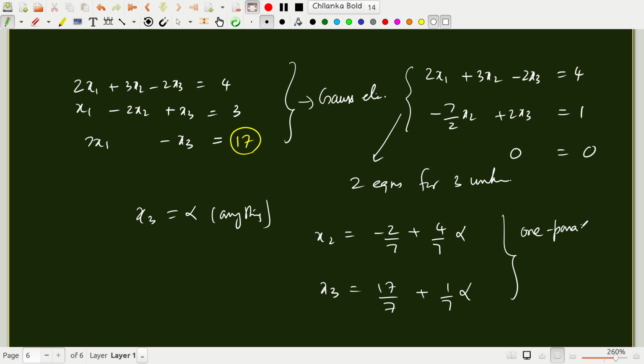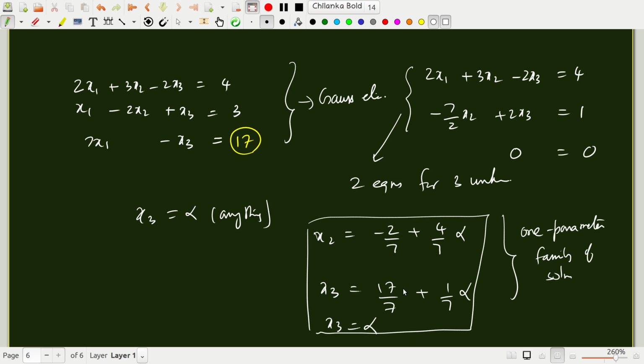There are infinitely many solutions, that parameter being alpha. Alpha can be 0, 1, anything. Everything will be a solution for this system of equations, and x3 is alpha. So this is an example of infinitely many solutions, specifically called a one parameter family of solutions.